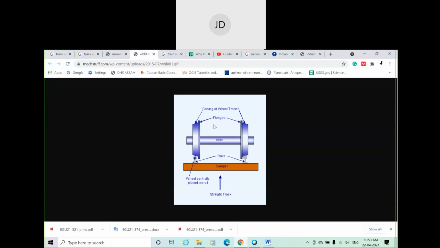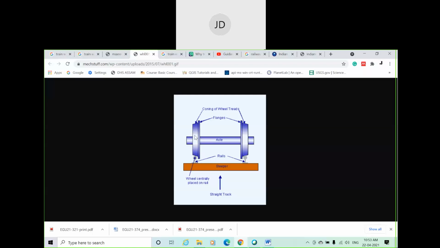Okay, can you see this diagram? This line diagram shows a simple wheel and axle combination of a train. This is the axle. This is your wheel. As I already told you, the inner face is larger in diameter compared to the outer face, and this is your inclination, also known as coning of the wheel tread.